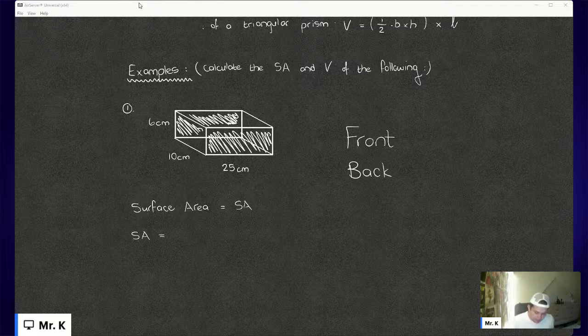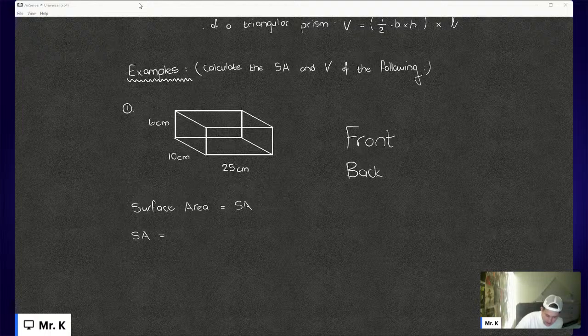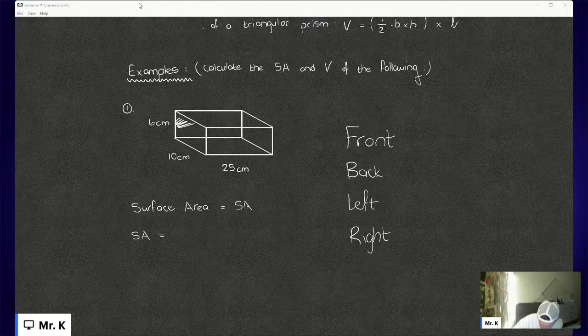We've got a front and a back. On top of that, we have to have a left-hand side and a right-hand side. Yeah? So here would be our left-hand side, and here would be the right-hand side of our shape.